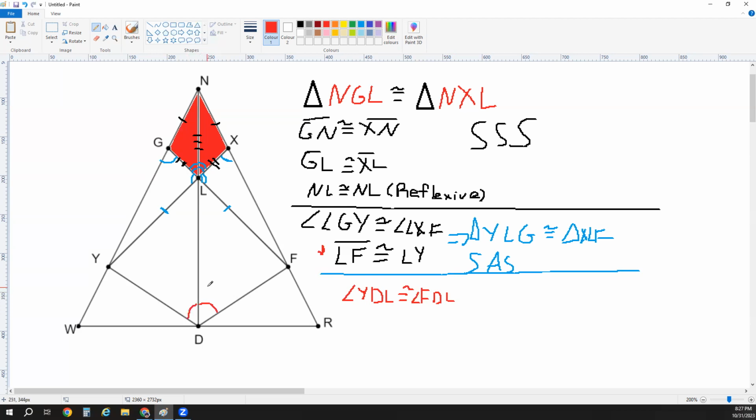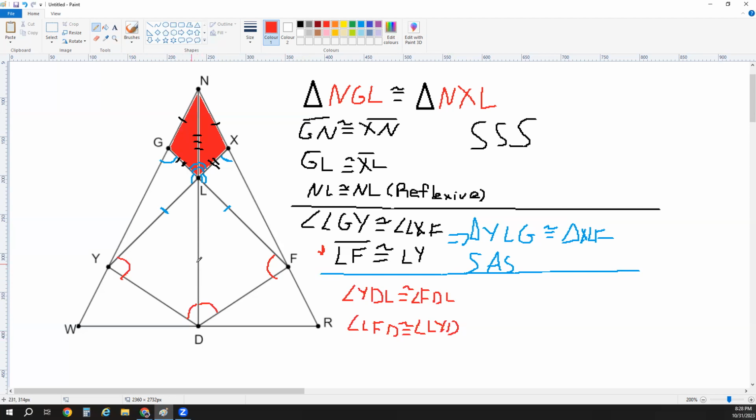And then we'll say that we know that angle LFD is congruent to angle LYD. So this angle here and this angle here are congruent.